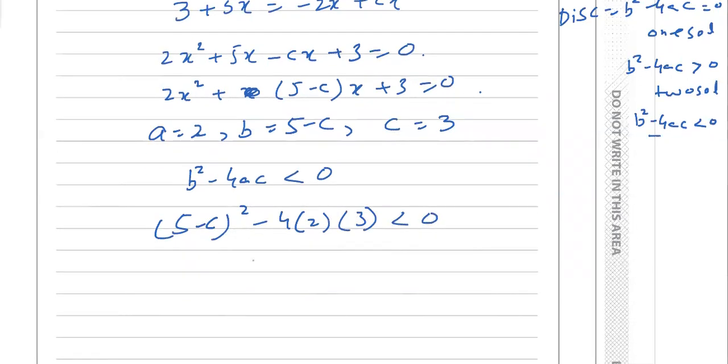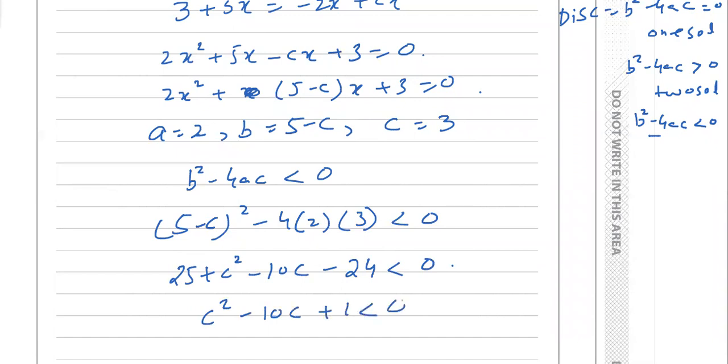Now let's simplify it. Using the (a minus b) whole square formula, it becomes 25 plus c square minus 10c minus 4 into 2, 8 times 3 is 24, less than 0. So I have c square minus 10c plus 1 less than 0.